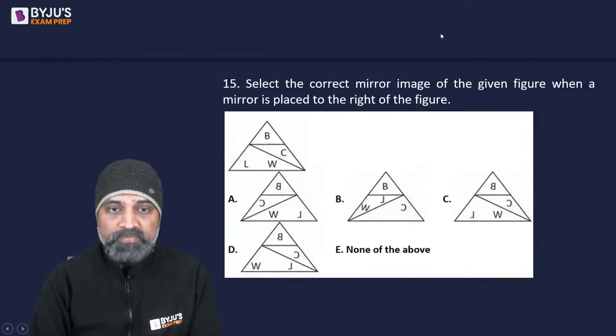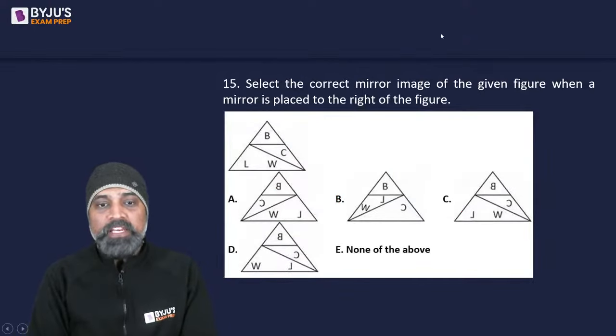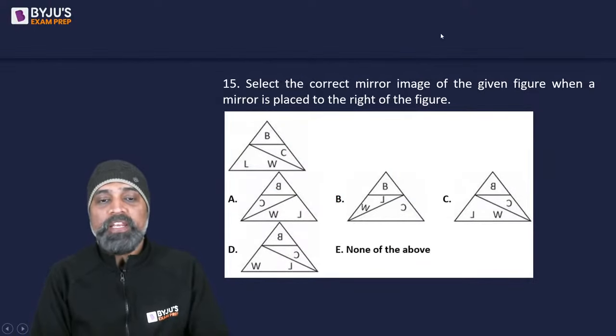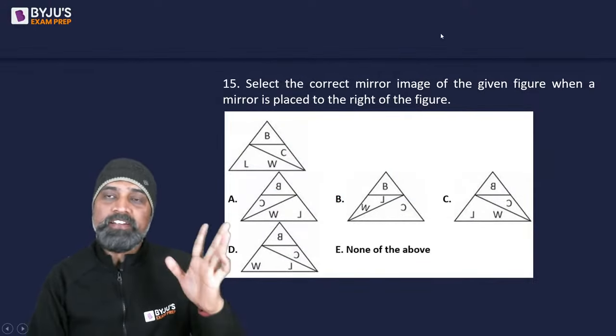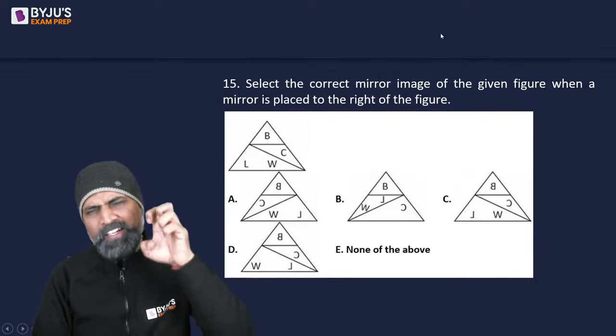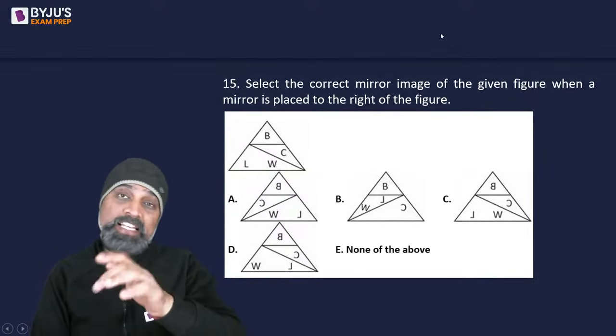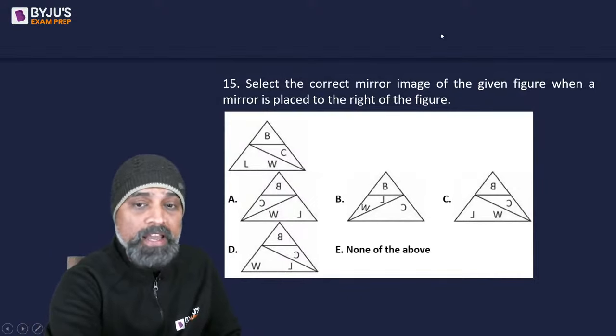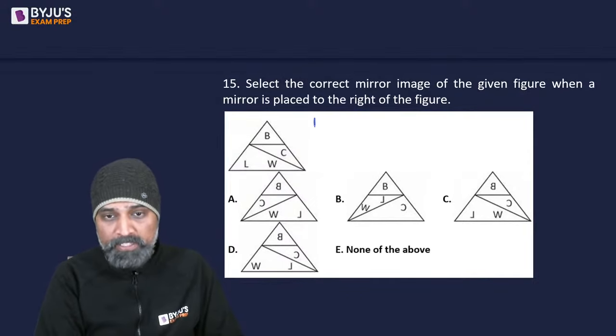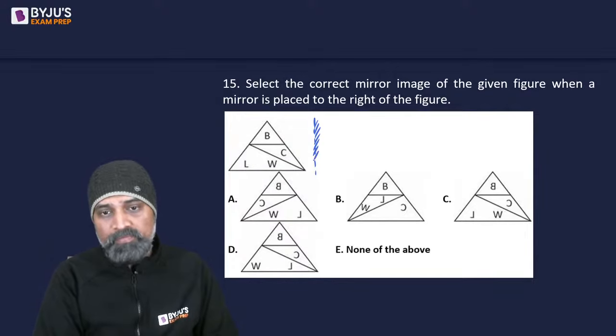Okay. Next one. Mirror image. In mirror image, you have to find the mirror image of the letters as well as the triangle, right? And where is the mirror placed? Mirror is placed to the right. So the mirror is here.